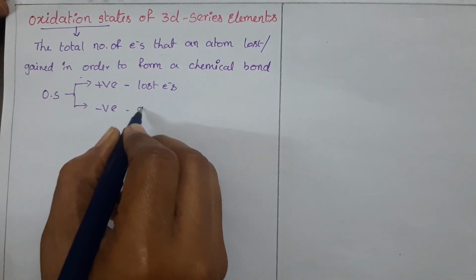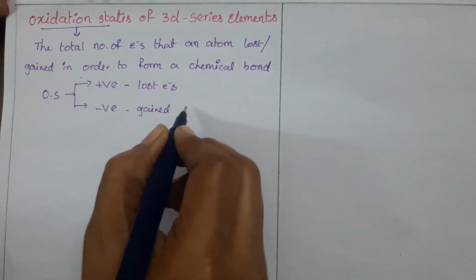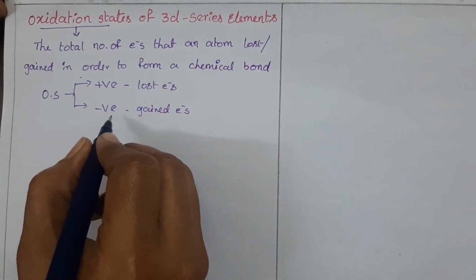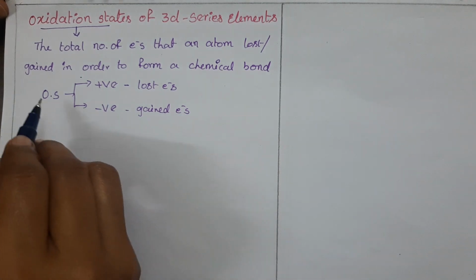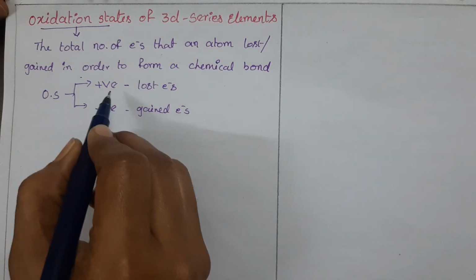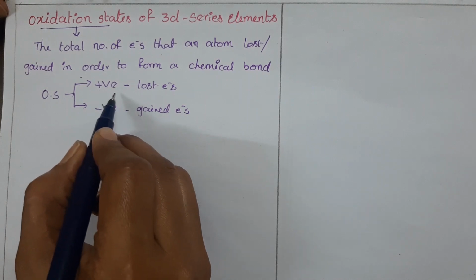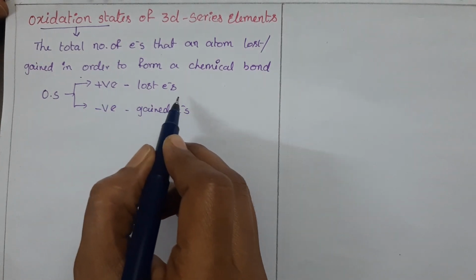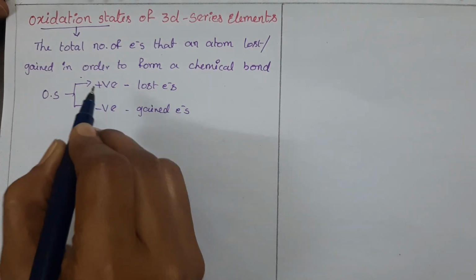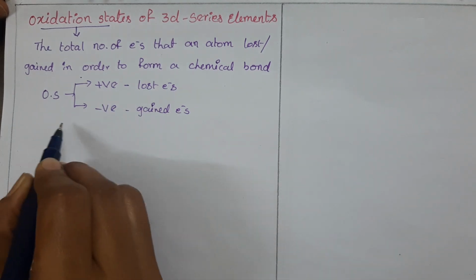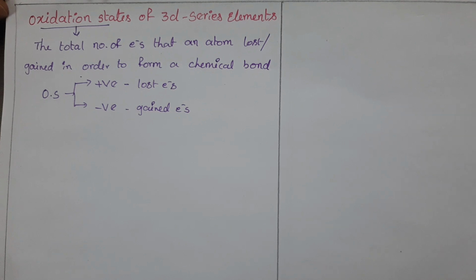When it gains electrons in the bond formation, that number is called a negative oxidation state. So an element can show a positive or a negative oxidation state. When it loses electrons, it shows a positive oxidation state, and when it gains electrons, it shows a negative oxidation state.